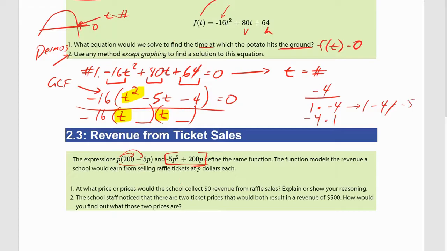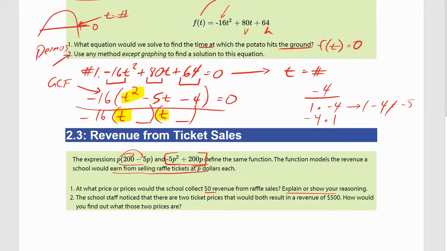All right, so at what price or prices would the school collect $0 from the raffle sales? The function models the revenue the school would earn from raffle sales in p dollars. Okay, so at what prices? Explain or show your reasoning.